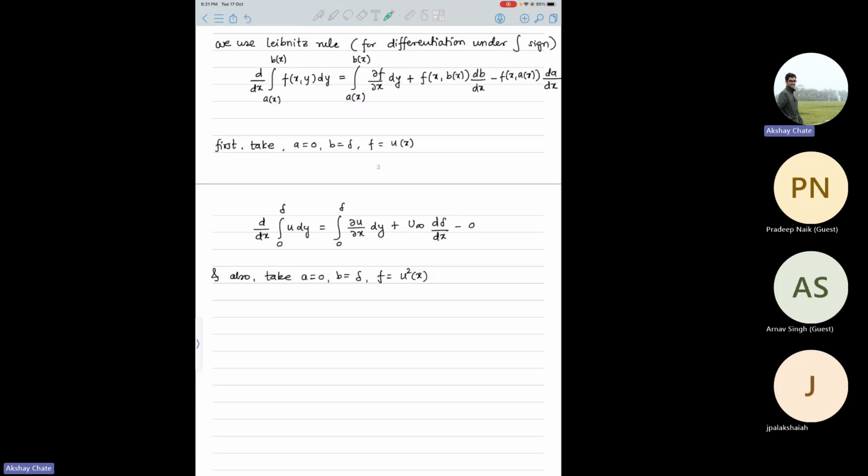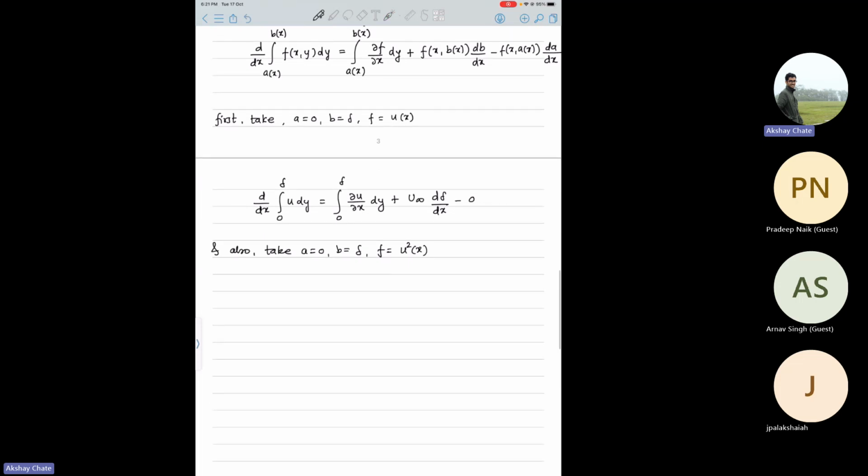If you do the same thing, what you end up with is d by dx integral 0 to delta u square dy equal to integral 0 to delta, these limits will remain same, del u square by del x into dy plus u infinity square into d delta by dx minus 0. Now here u infinity square comes because in the bracket you have small u square.